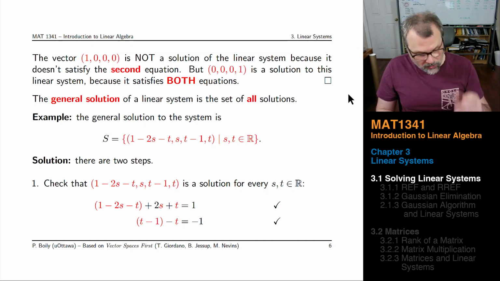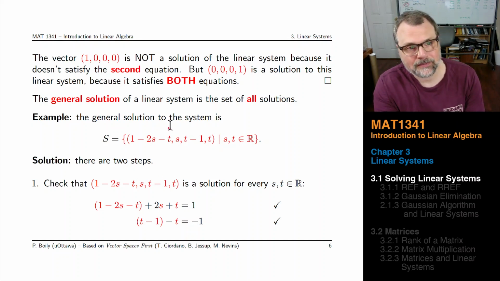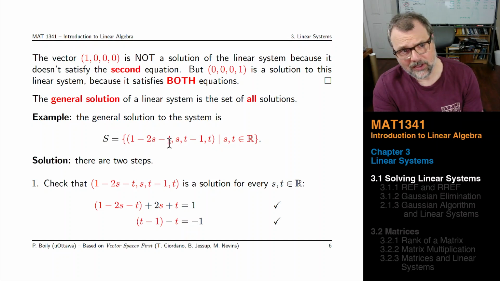Well, here's one way in which you could write this thing down. You write it as a set where on the left-hand side you have the structure of the solution, which will include or involve free parameters. And on the right, you have a list of the parameters that are free-ranging.